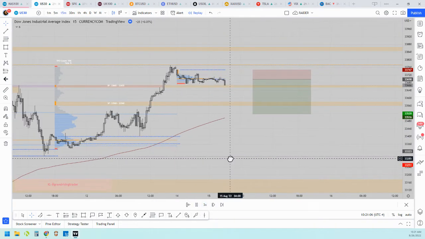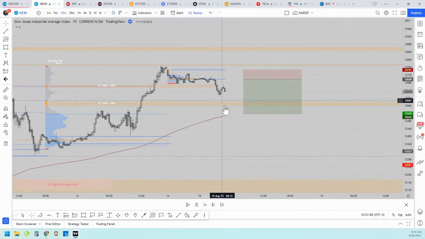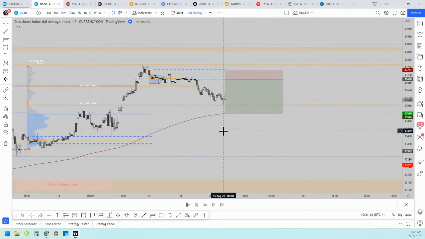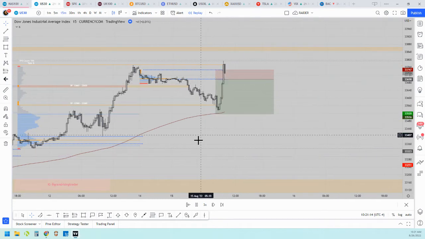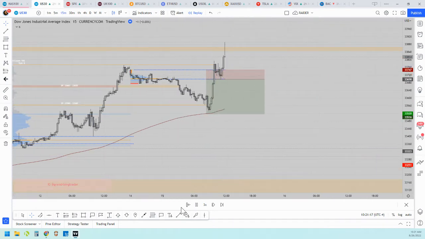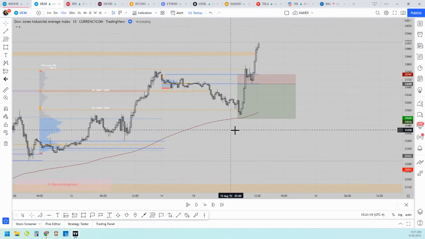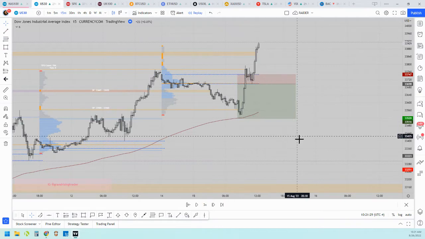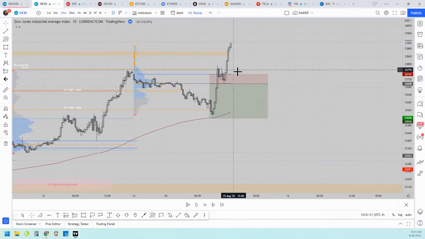It goes down. Single print. Gets that single print. Come on, goes for the single print. And what's cool is it hovers around. It was close to getting that value area high right here, and then it was close to the 200 EMA, and it bounced out of it.